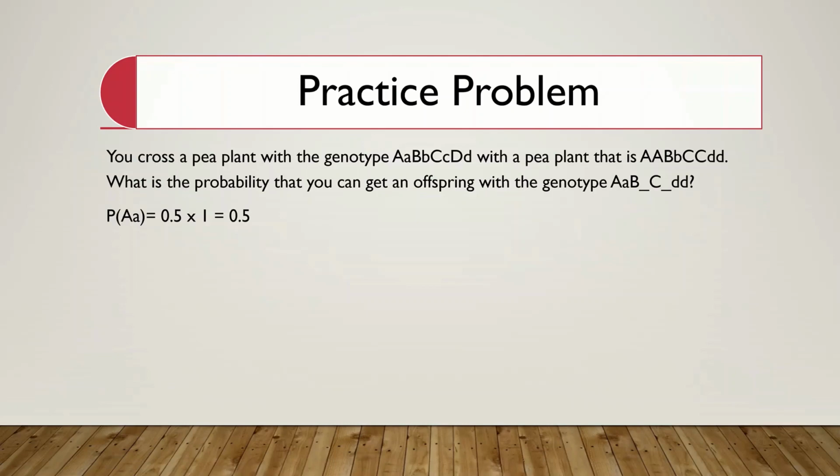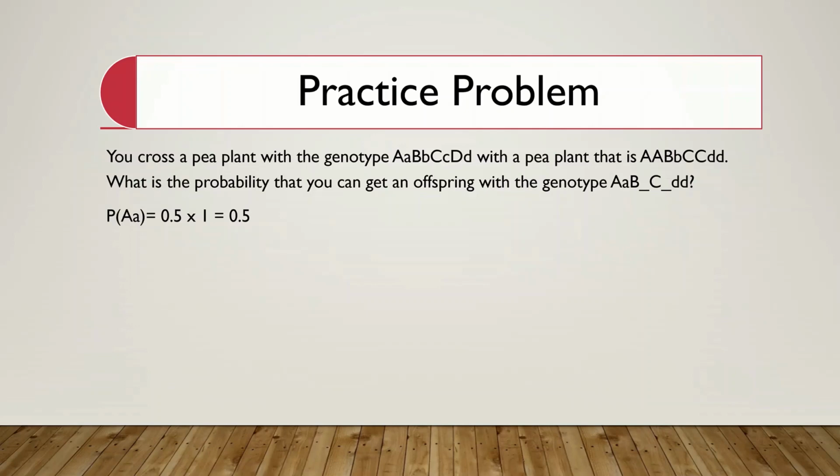The underscore in B underscore and C underscore is implying that we're looking for either a homozygous dominant or a heterozygous dominant. And to calculate the genotype of the offspring, we're not going to do all the alleles at once. We're just going to focus on one gene at a time.